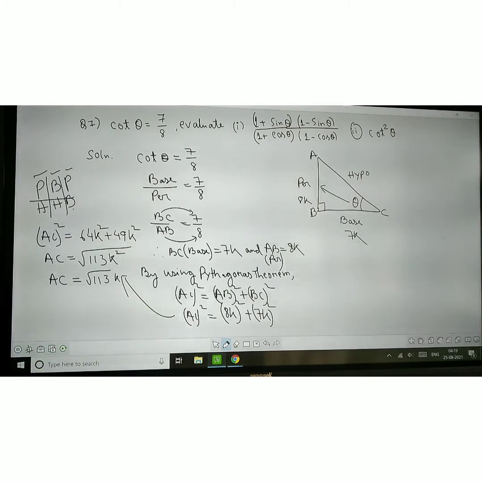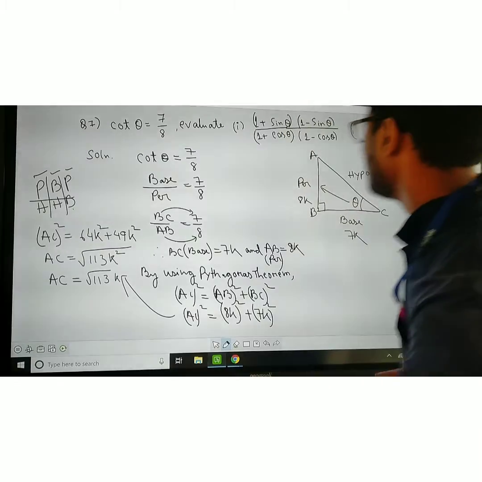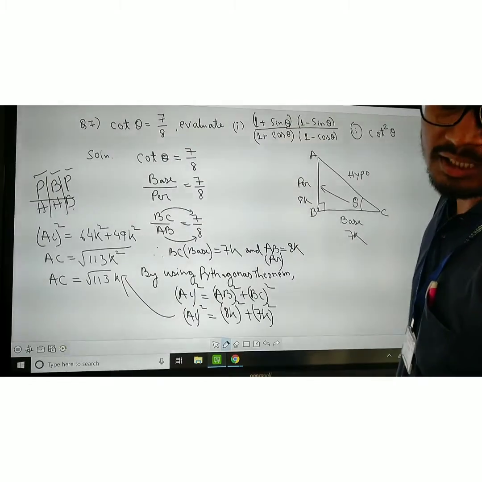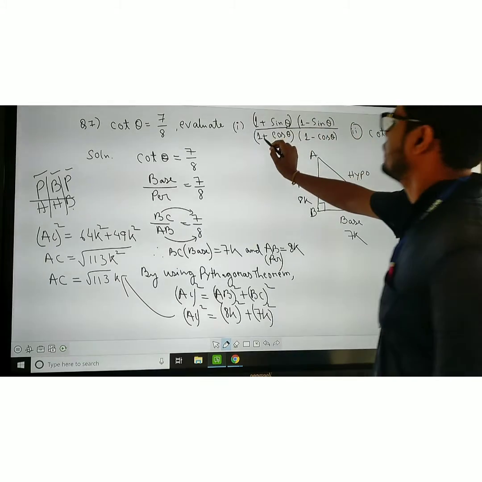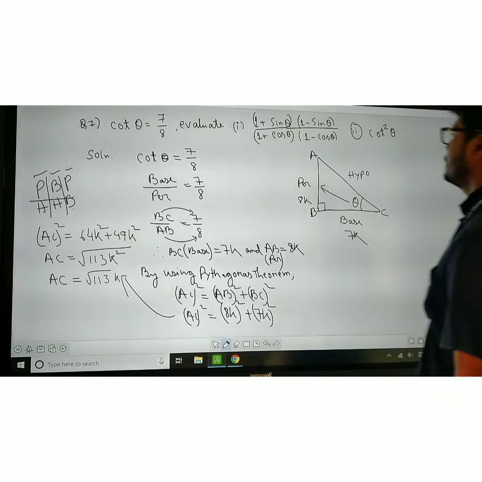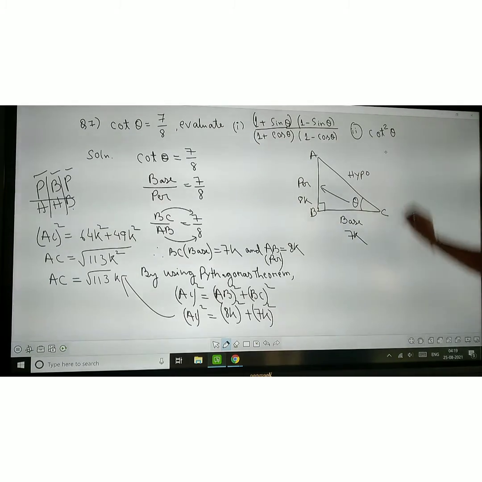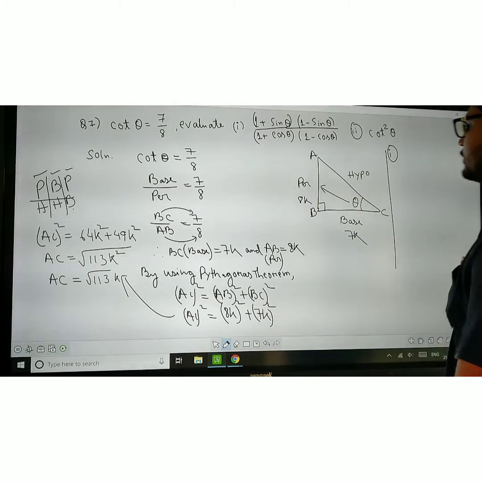Okay, so you know now AC is root 113 K. Now next one, what you are asked to find? 1 plus sin theta and 1 minus sin theta, 1 plus cos theta, 1 minus cos theta. So let's find over here. This is Roman number 5. Now we have all the three. The measurement of all the three sides are here. Now we can find it out.